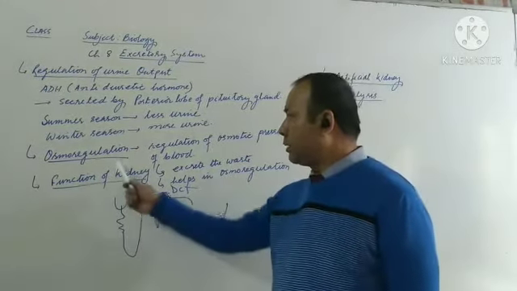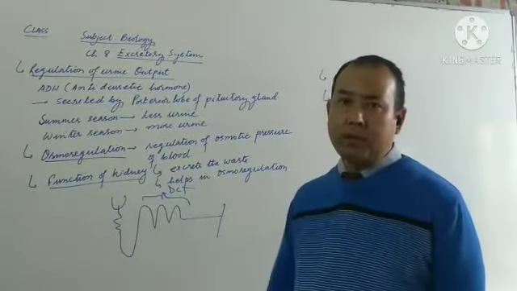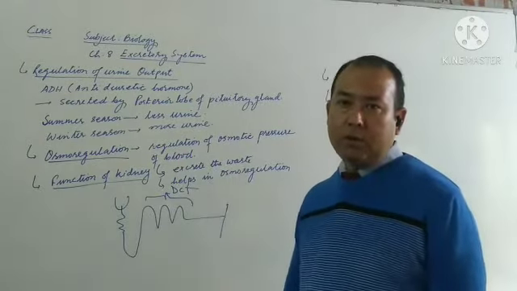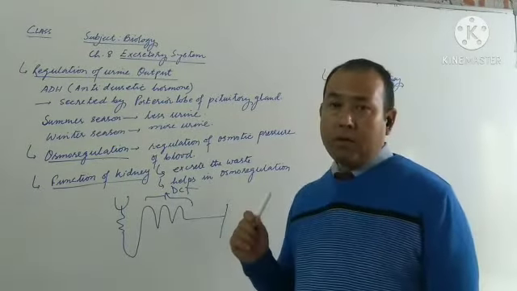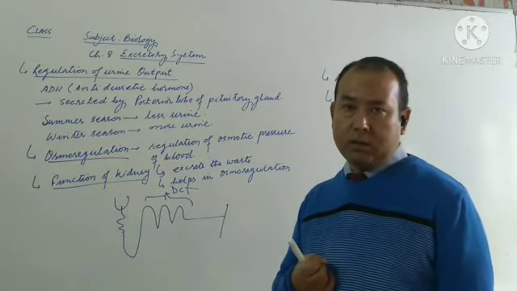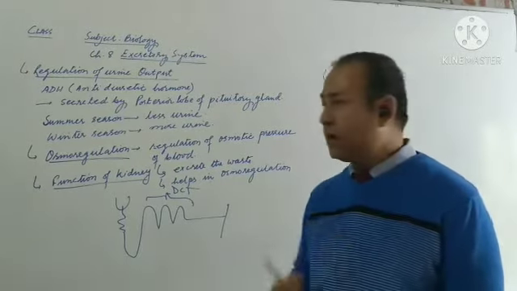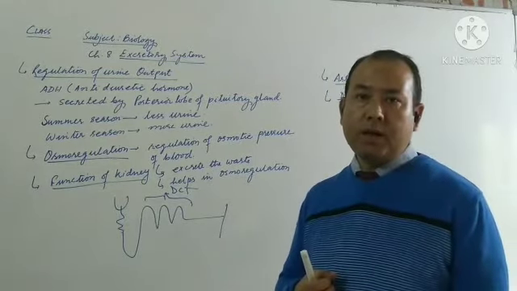Now the next term is osmoregulation, which is one of the functions of the kidney. As mentioned in the book also, it is the regulation of osmotic pressure of blood. Now what does it mean? Osmotic pressure of blood means the electrolytic concentration. The right amount of ions must be present in the blood, and at the same time, the right amount of water must be present in the blood.